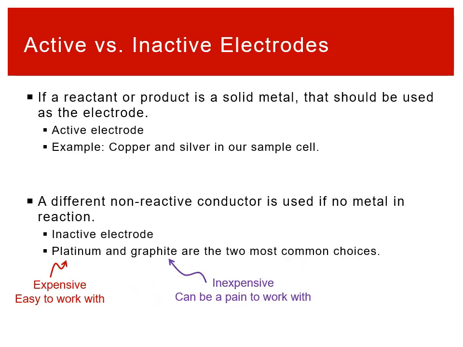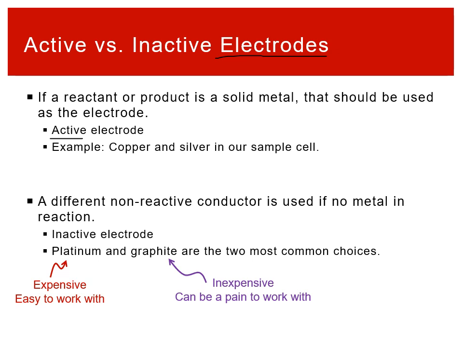So when you're choosing the electrode material, you really want to ask, do you want to use an active electrode or an inactive electrode? For an active electrode, that word active implies that the electrode, the piece of metal, is participating in the reaction. You would do this if your reactant or product in that half reaction is solid metal, because the electrode just needs to conduct electricity.